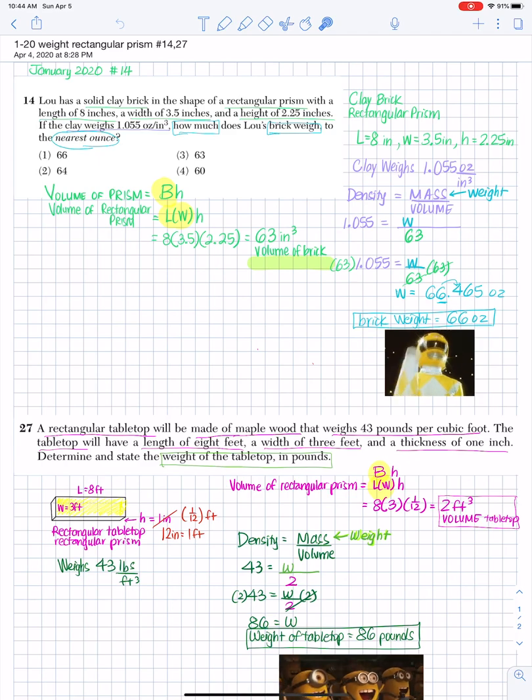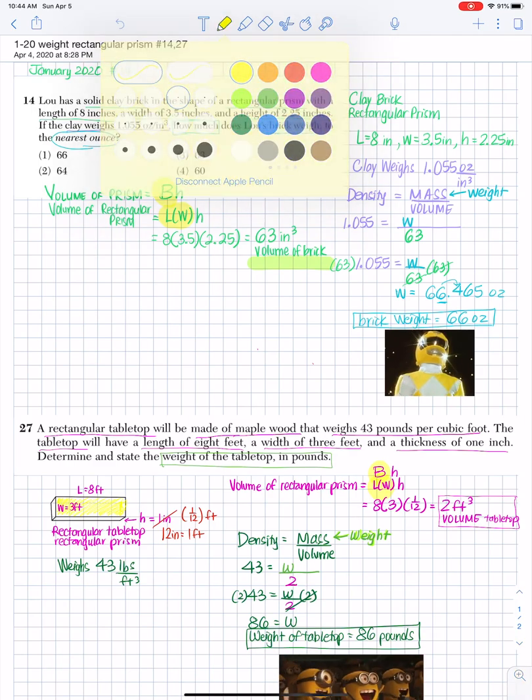The question said to round to the nearest ounce, and nearest ounce means whole number. So you underline the last digit of the whole number and look at the next number. If that number is 5 or more, you round up. If not, you keep it the same. So we keep it the same, so it is choice 1.